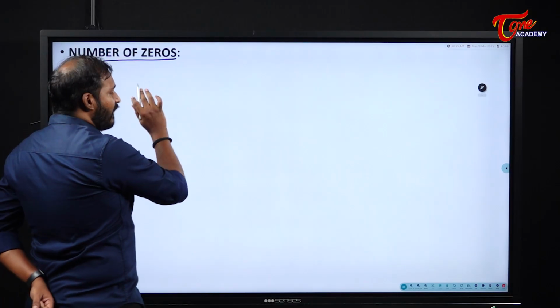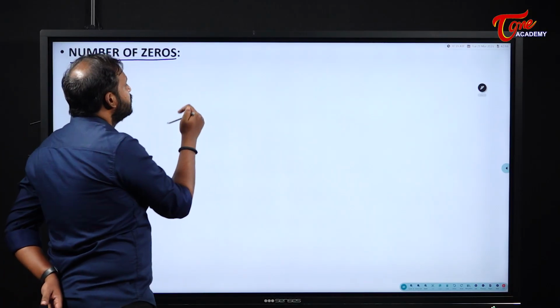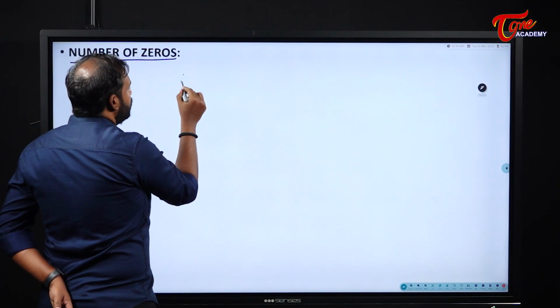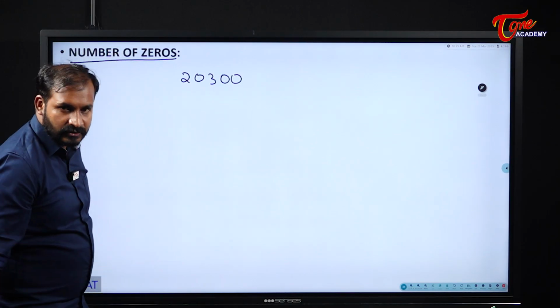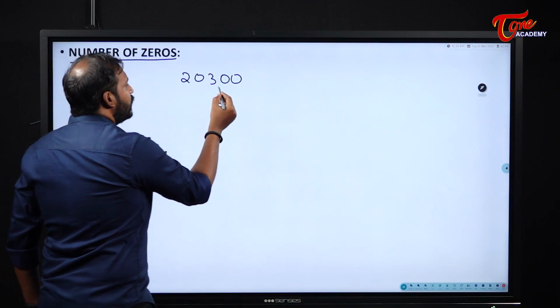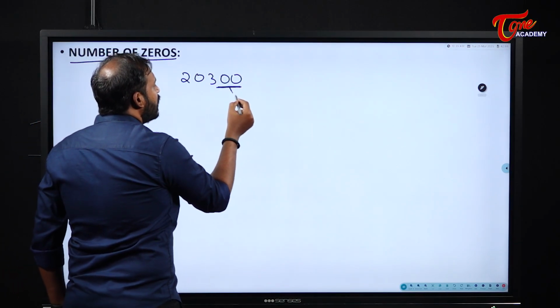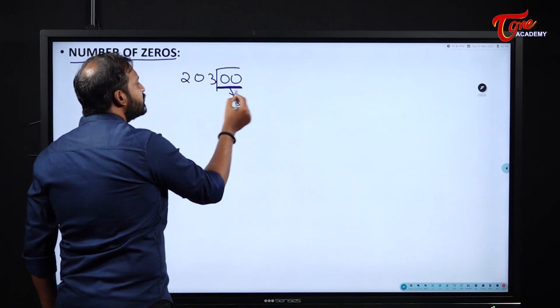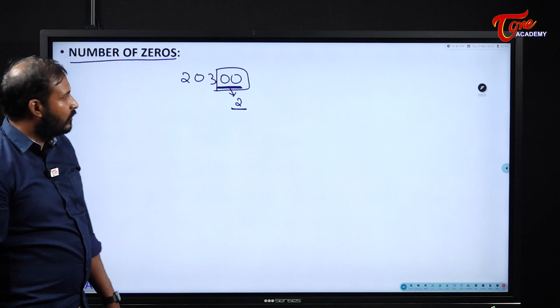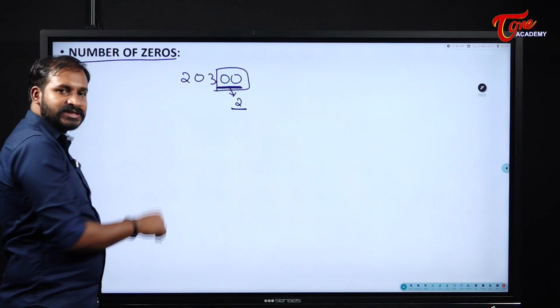For example, after multiplying two different numbers, if my output is something like 20300, then the number of zeros in this is 2. Why? Because the zeros which are present at the last, we consider as the number of zeros. We will not bother about the zeros which are present in the middle.